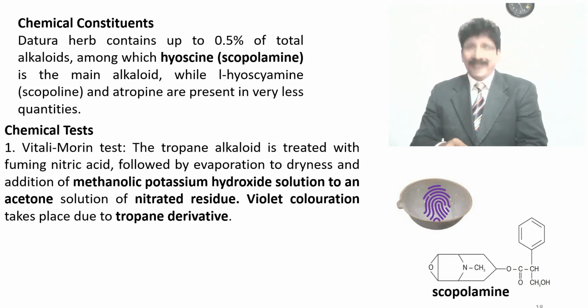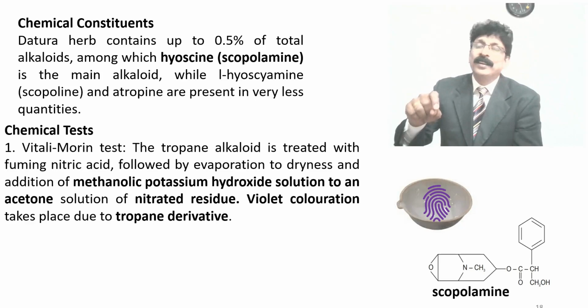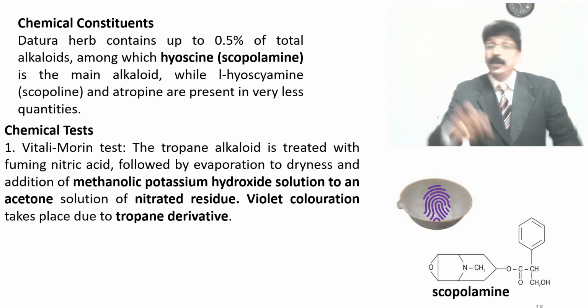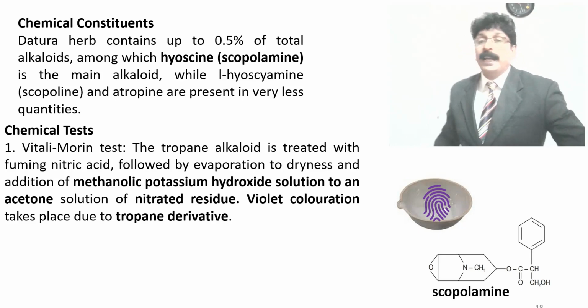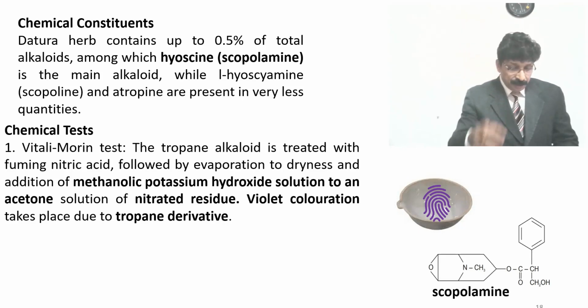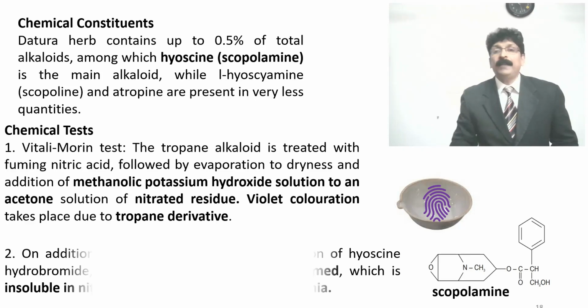Understand? And then add alcoholic potassium hydroxide, 2-3 drops. You will get this color which is shown there. Violet coloration will take place. That shows the tropane derivatives are present.